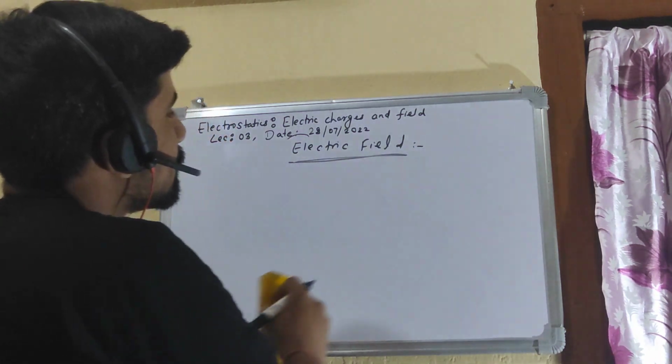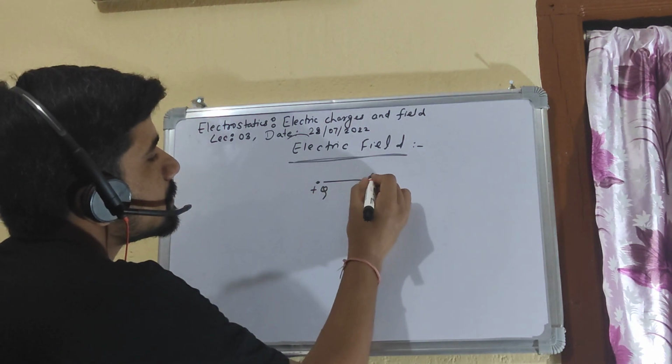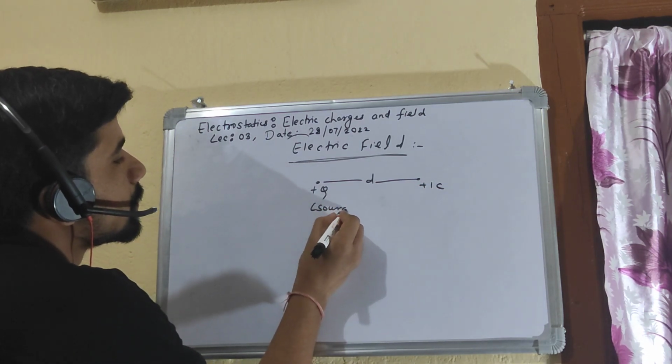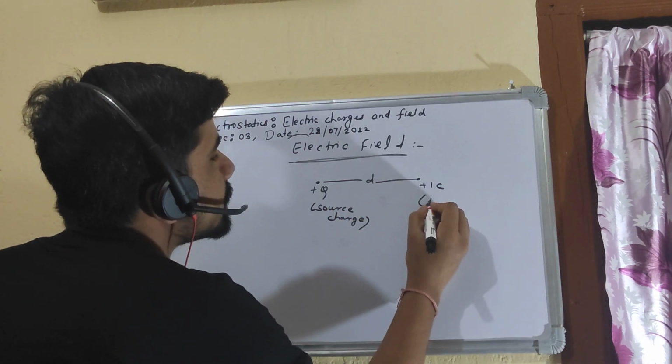So let's say this is plus q, my source charge, and I have a test charge at a distance d, which is plus 1 Coulomb, right? This is the source charge for which I am calculating the field, and this is the test charge.